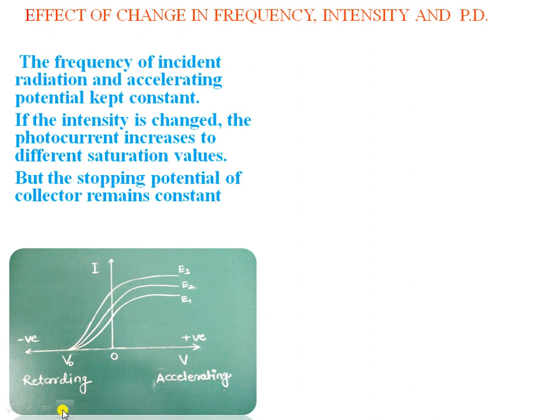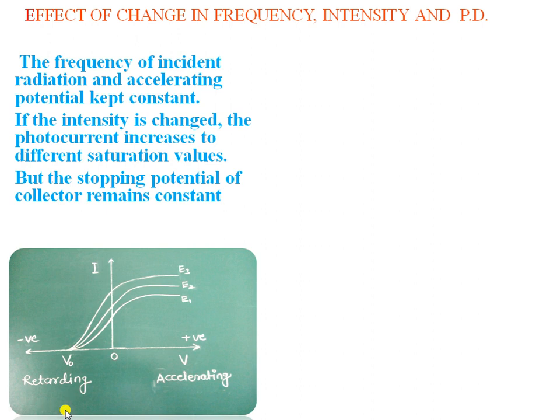So this was the first part: the effect of change in intensity on photoelectric current while frequency and accelerating PD are kept constant. For different intensity radiations, we get different saturation currents, but the same stopping or cutoff potential.